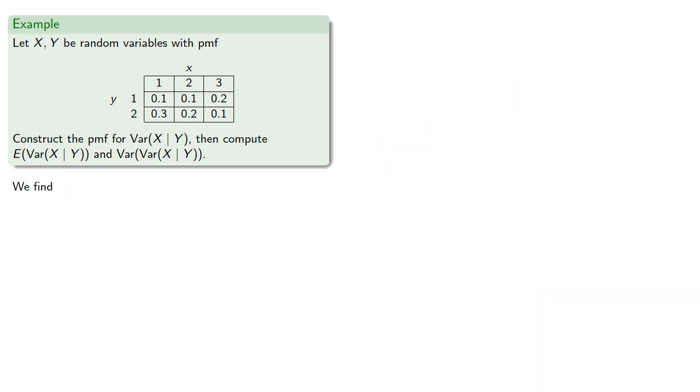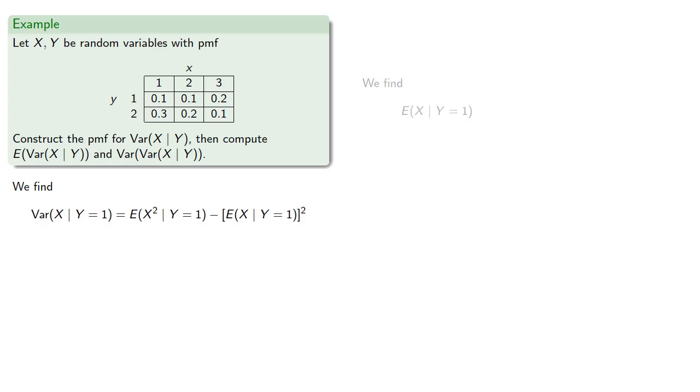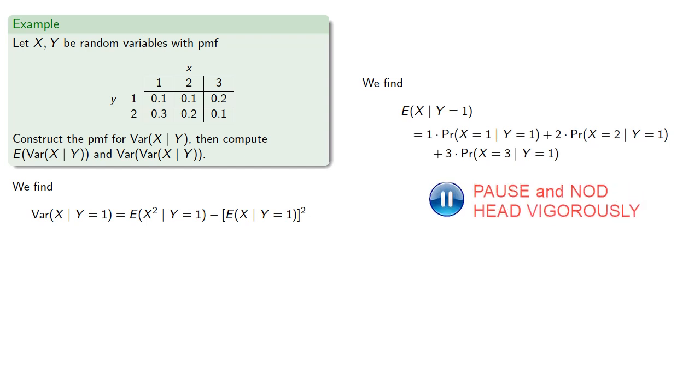As usual, the variance is the expected value of the square minus the square of the expected value. So we need to find the expected values of x and x squared given some value of y. The expected value of x given that y is 1 is the sum of the products of the payoffs and the probabilities.